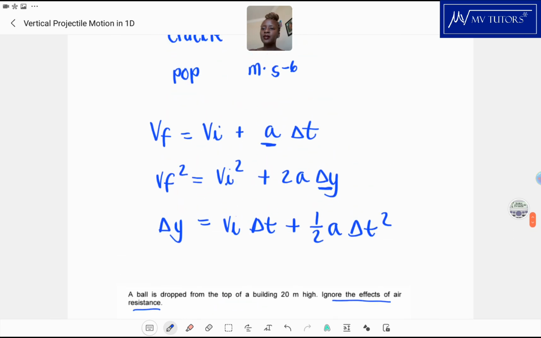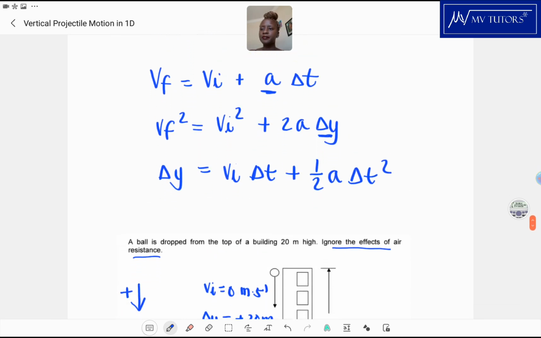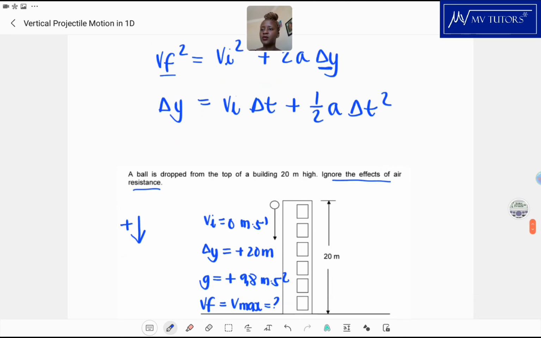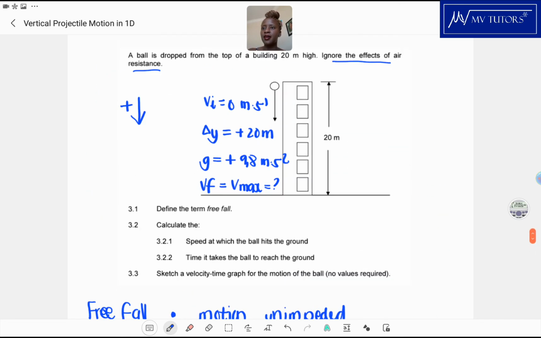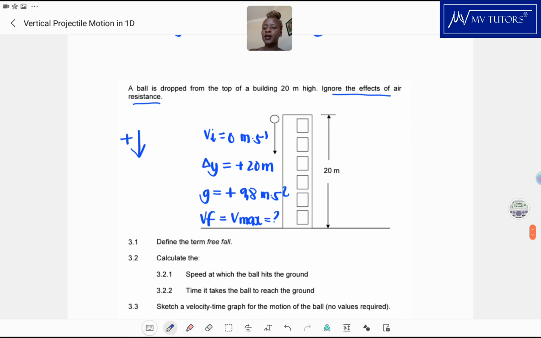If I look at these equations, I can't take the first one because it requires time, and we were not given the time it takes. I can definitely use this one because my unknown here is just the final velocity. So final velocity squared is equal to initial velocity squared plus 2a delta y.